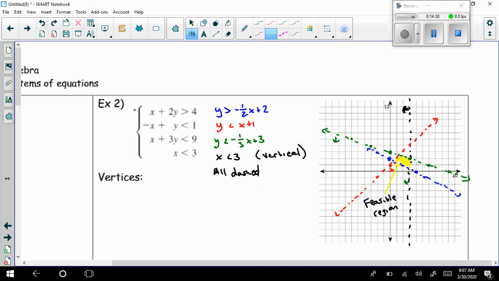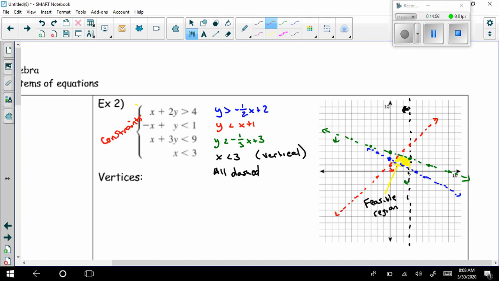These lines will often be referred to as constraints when it comes to particularly application problems, because they'll be constraining your profit or looking at the different values you can or cannot produce for something.